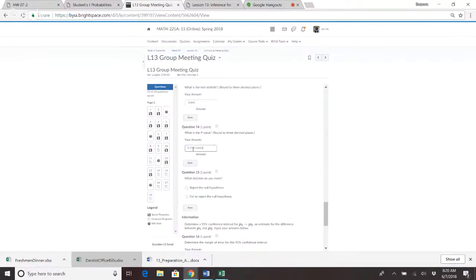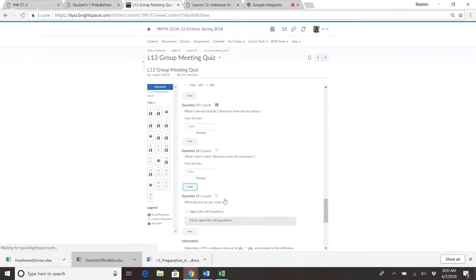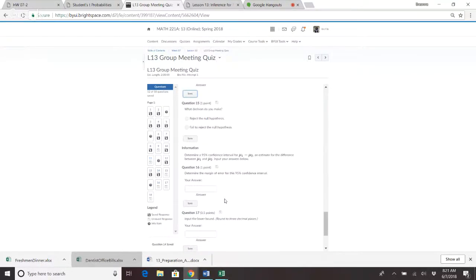So we do have 0.41. Yes, that's what I have in here. What decision did you make? So this is greater than, again, so the p-value is high, so we fail to reject again.